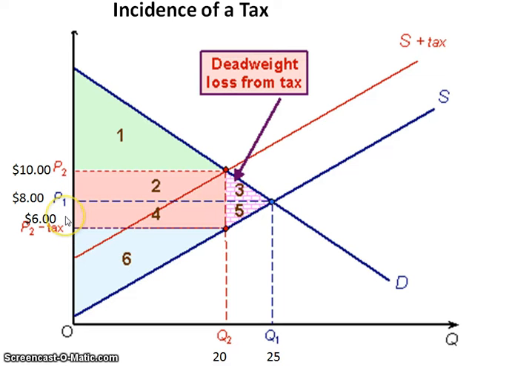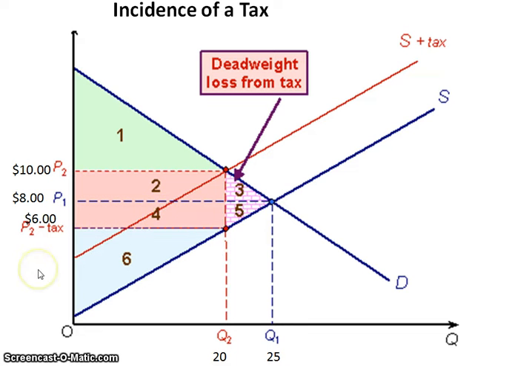When we look at the total amount that the consumer is giving to the government because of this tax, that would be area 2, this rectangular box. And area 4 is the amount that the producer is having to pay to the government because of the tax.